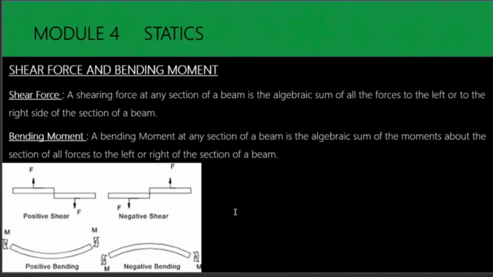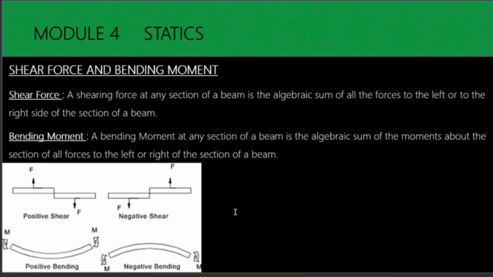Just like I said, most of us are already familiar with the concept of beams and also the concept of shear force and bending moment. I'm just going to do a quick recap of this, then we move to the question.